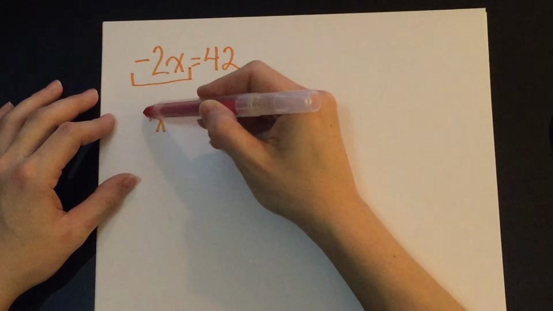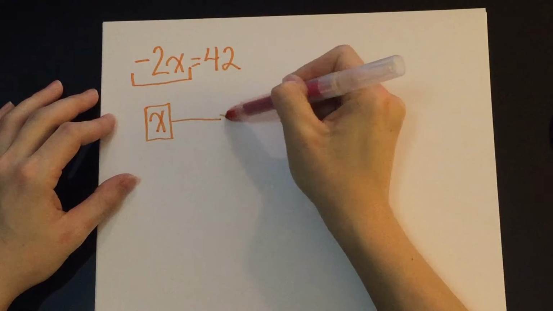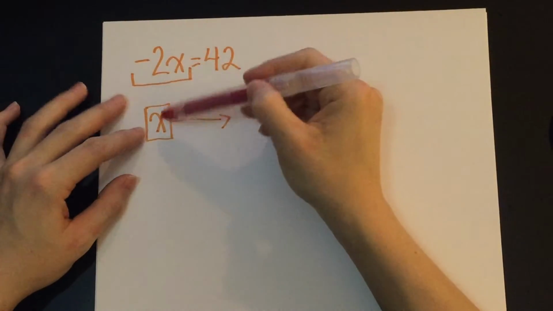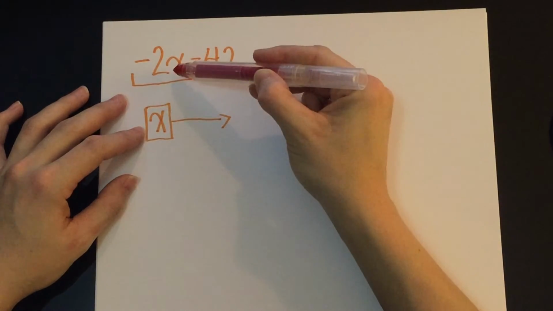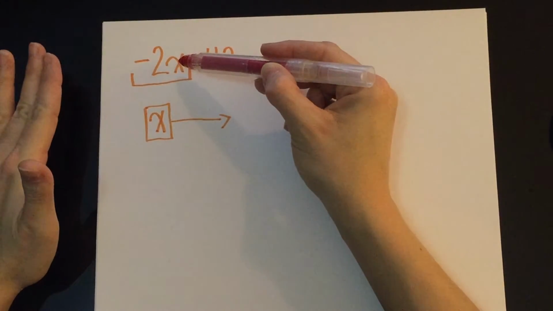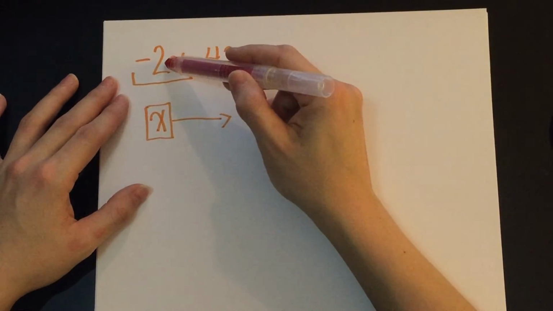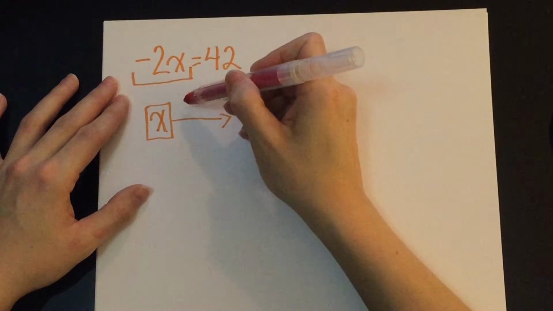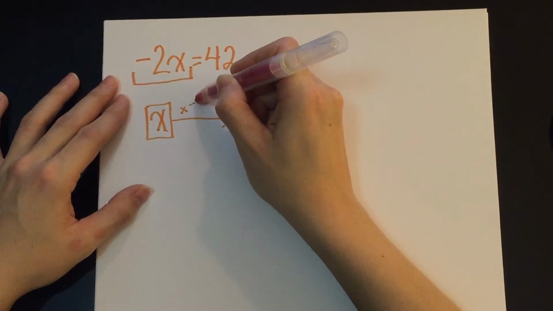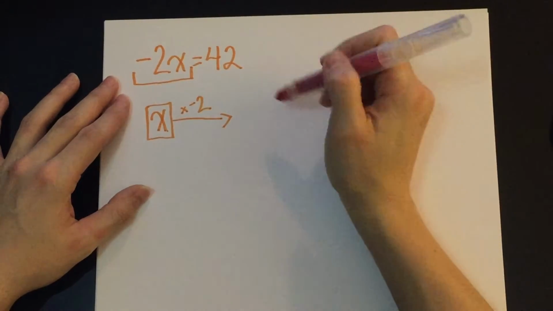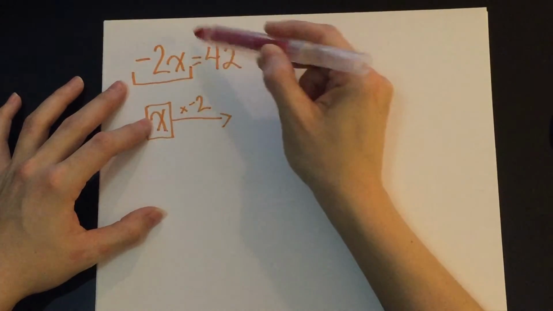We start with our variable in the first box of our flow map, and we're going to flow into the next box. In this equation, we need to look at whether there is any multiplication or division happening. Well, in this case, there's multiplication. The variable's being multiplied by negative 2. And our result, when we have x times negative 2, is negative 2x.